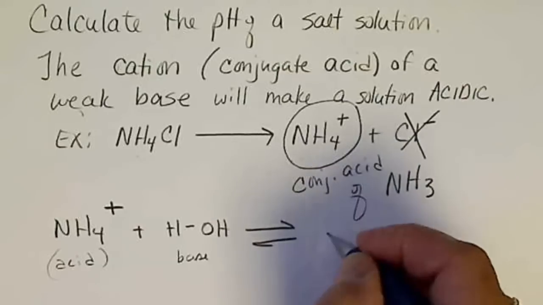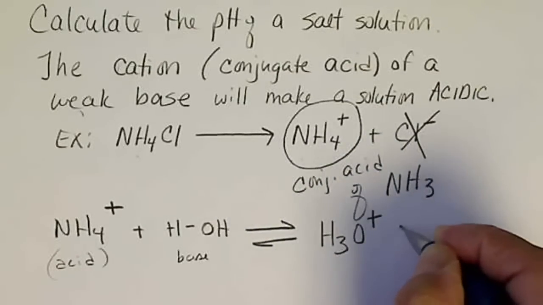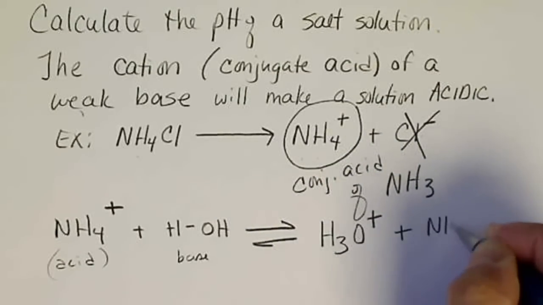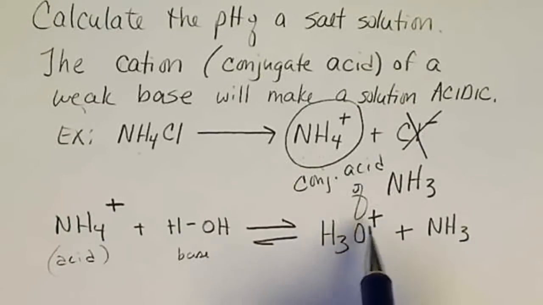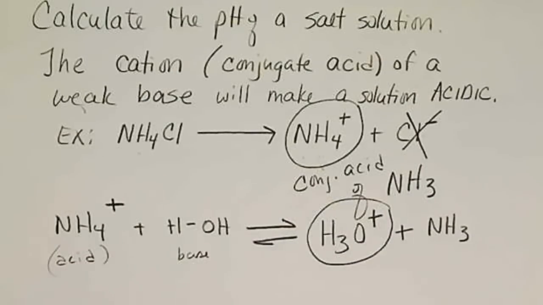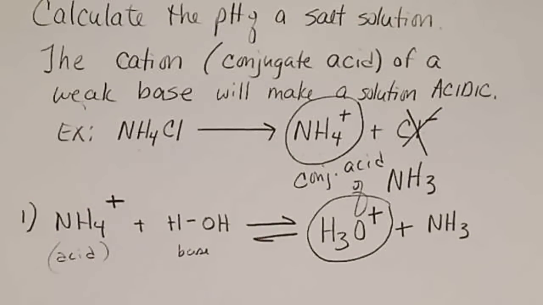So we'll end up with H3O plus and NH3. And so this is the acidic hydronium ion. And so step one, we write the reaction of the ion with water.